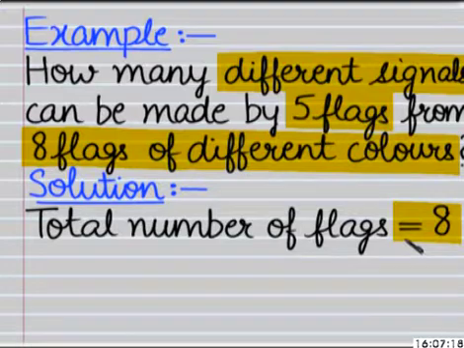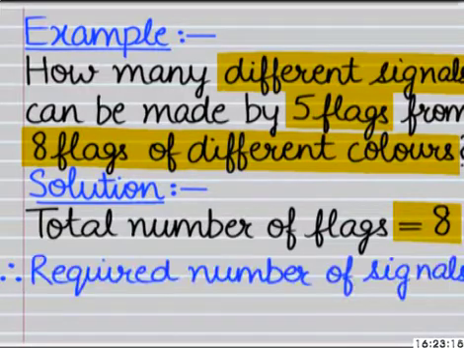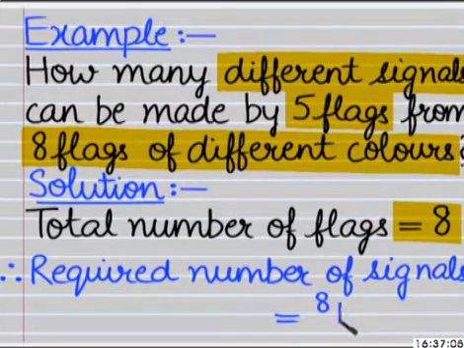Now out of these 8 flags of different colors we have to find how many different signals can be made by taking 5 flags. Therefore, required number of signals that can be made by taking 5 flags from 8 flags of different colors will be equal to 8P5.